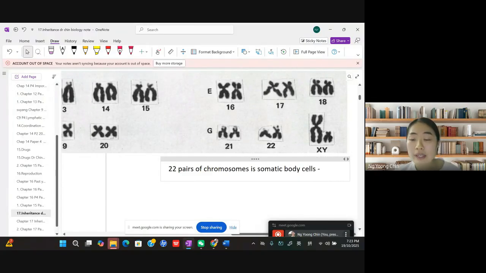Okay, Adam, so tell me, somatic body cells, do they undergo mitosis or meiosis? Which type of division do they undergo? Meiosis or mitosis? Tell me.